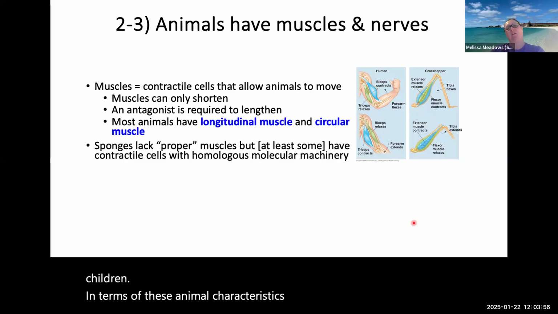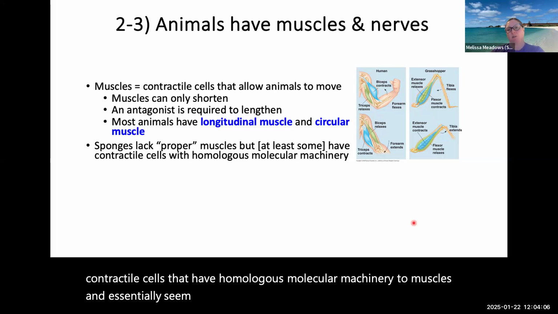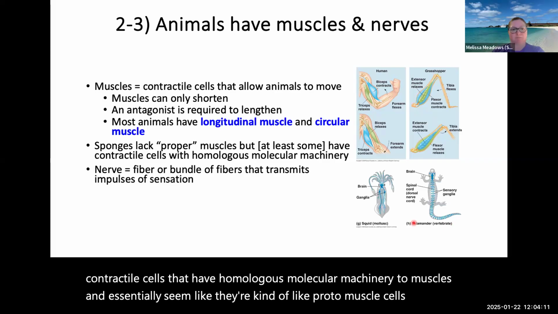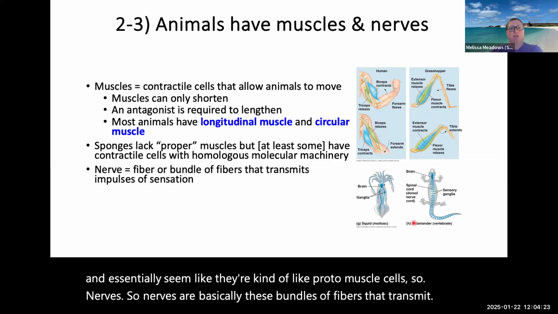But sponges do have these contractile cells that have homologous molecular machinery to muscles and essentially seem like proto muscle cells. So, you know. Nerves. So nerves are basically these bundles of fibers that transmit electrical impulses, essentially.